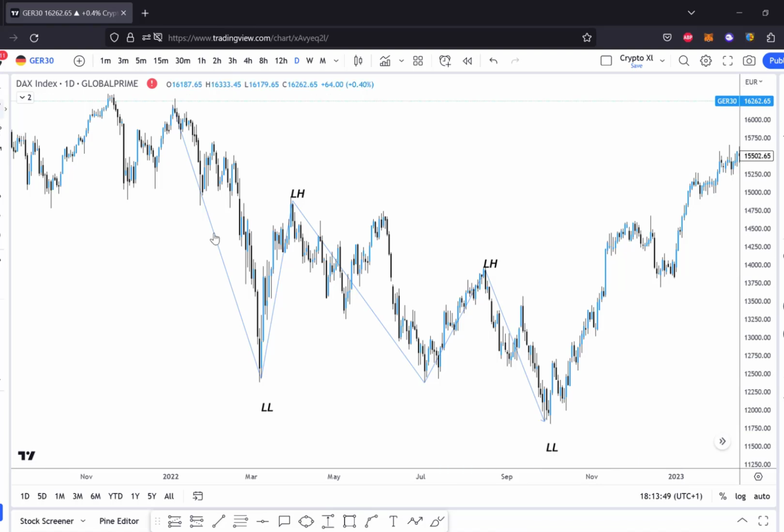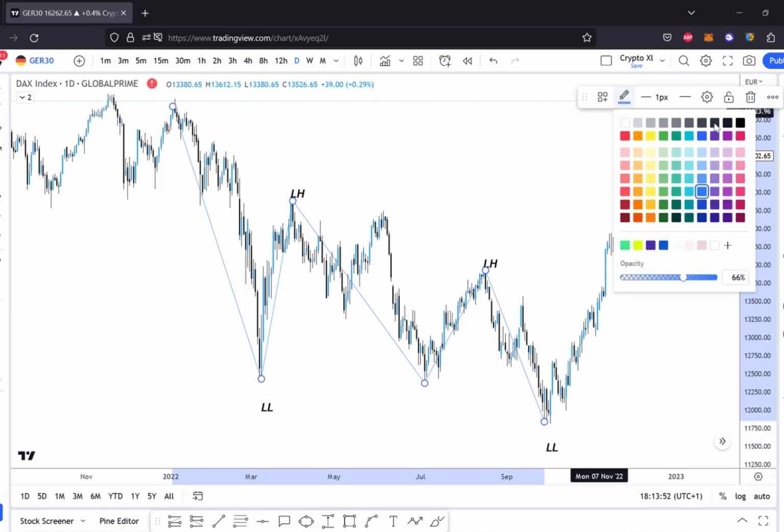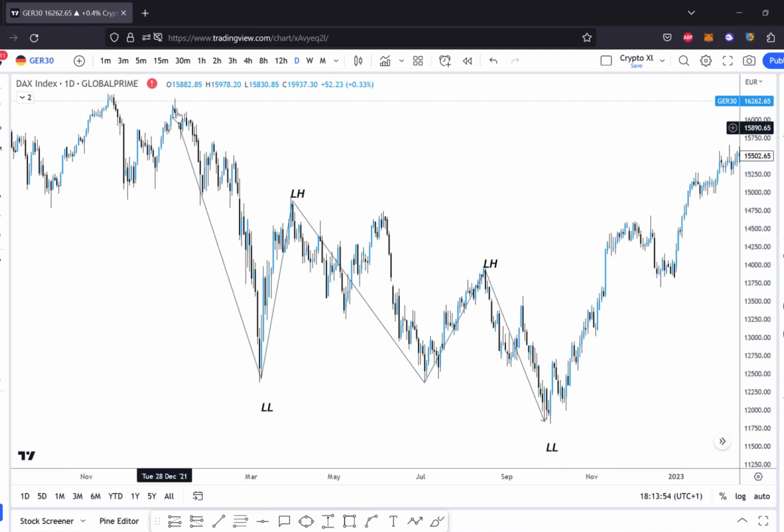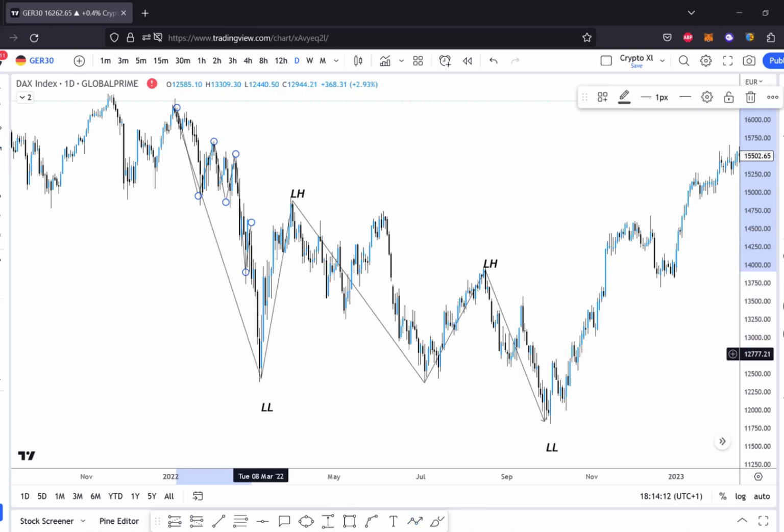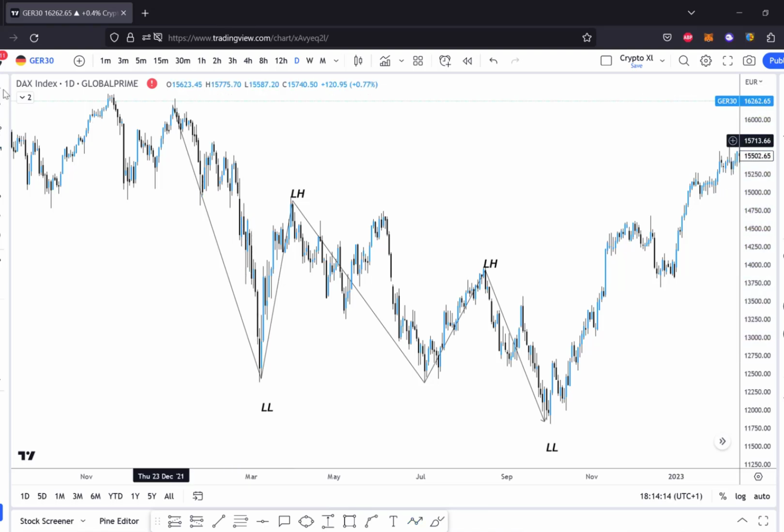And as you can see, inside every impulse, let me change the color of this trend line, there are, on lower time frames, as you can see also in the daily, without going to 4 hours, impulse and retracement inside one structure. So that's very important, guys, to understand that.